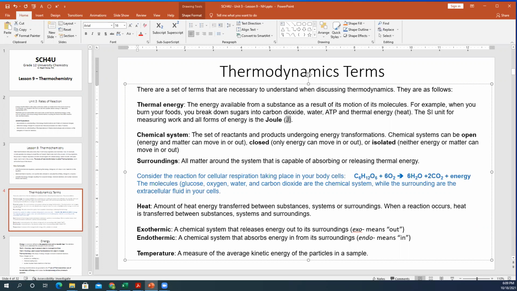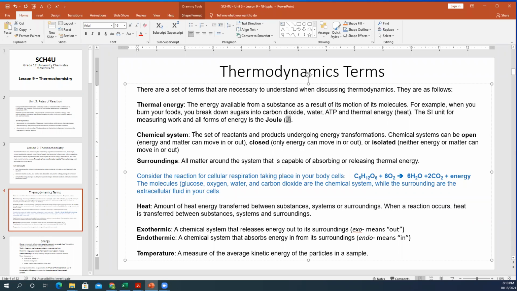Now, what we term as the surroundings is all the matter around the system that is capable of absorbing or releasing thermal energy. So, for example, we can consider the reaction for cellular respiration that takes place in our cells in our body, where sugar and oxygen are transformed into water and carbon dioxide and energy.